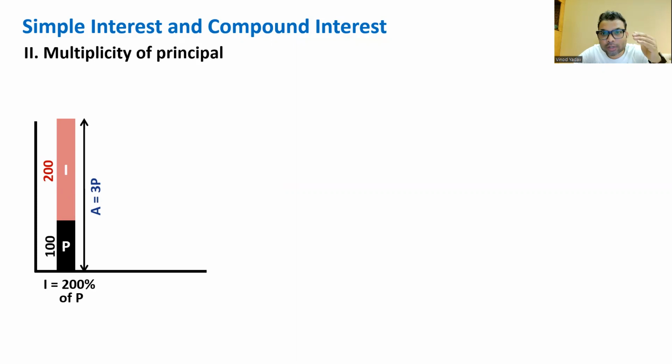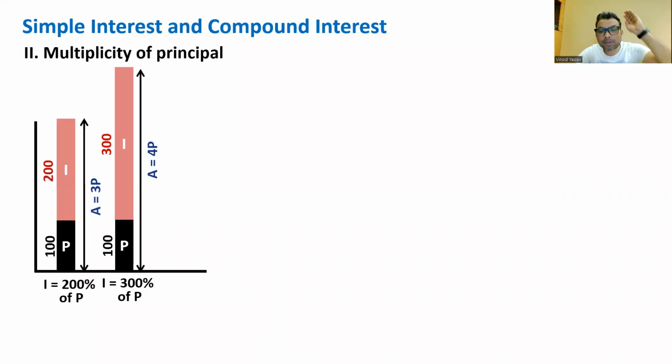So interest was 200, principal was 100. So it is 200% of 100. Suppose money became 4 times. So 100 became 400. So 300 was the interest given to you. So interest was 300% of the principal. Amount was 400% of principal.